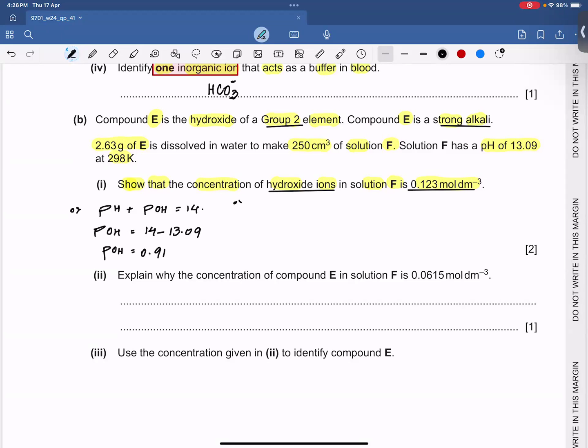So by using this pOH value, I can find the concentration of hydroxide ion by using this expression. So it's basically shift log minus 0.91.